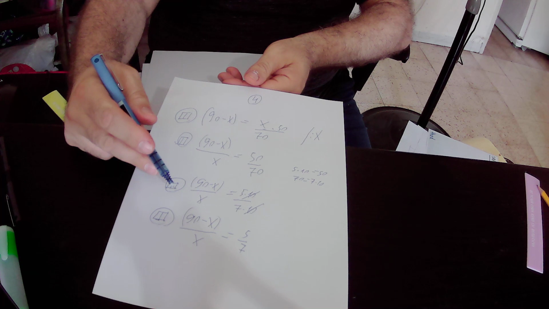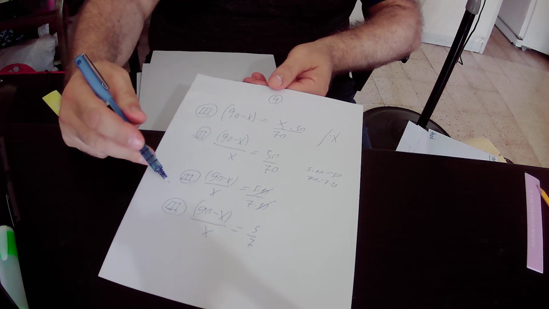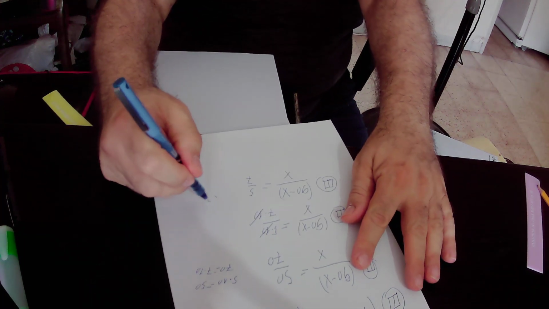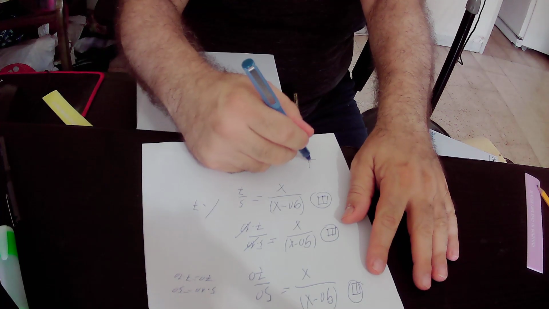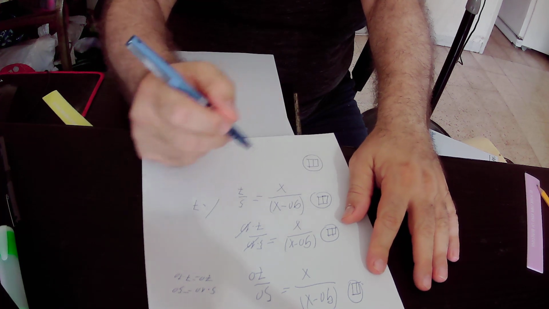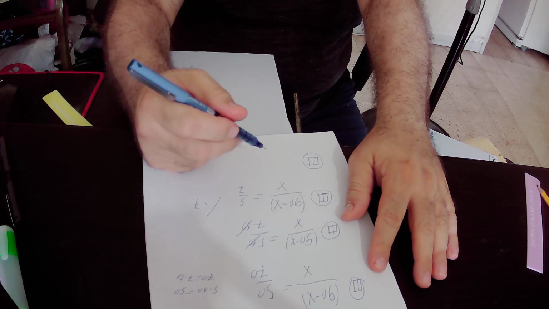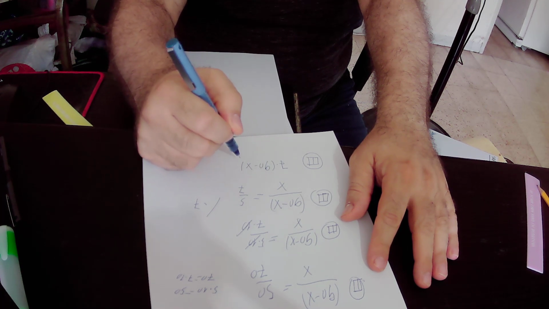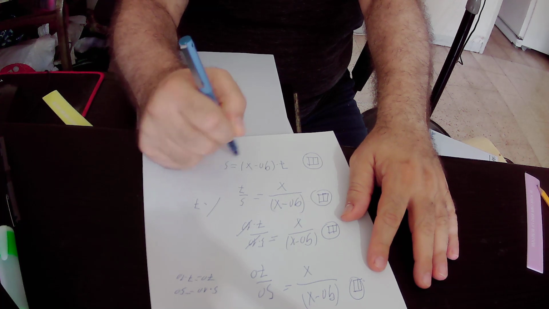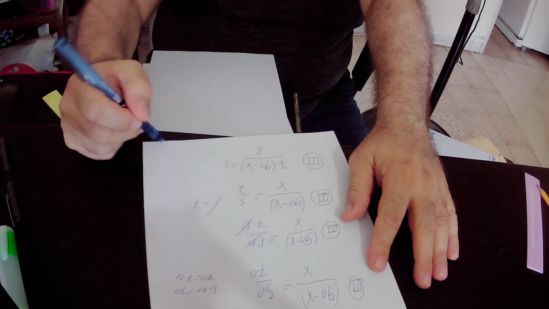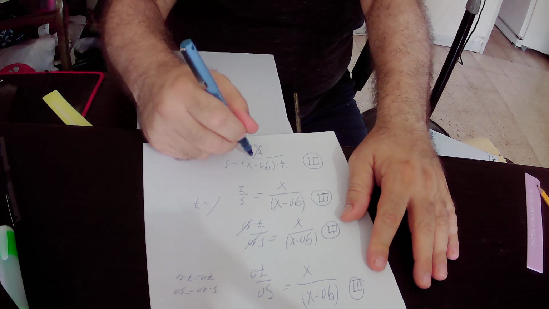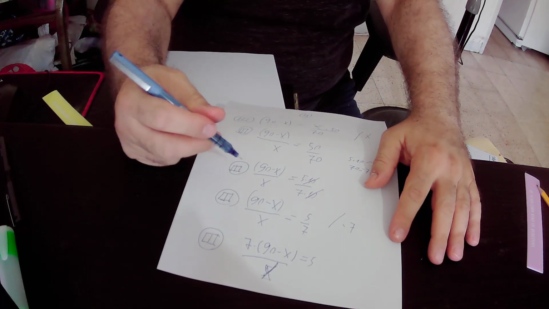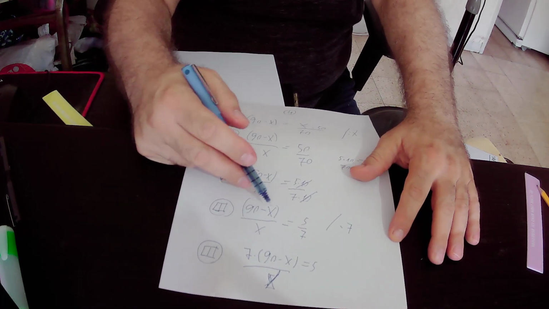Now we'll multiply both sides of the equation by 7.